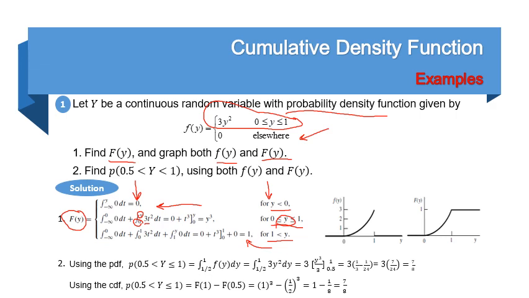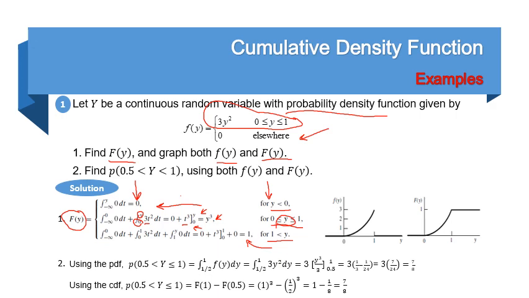It doesn't matter, you call it 3t squared or 3y squared. And the integration of 3t squared is t cubed. Then you substitute, replacing the t by y, and replacing the lower limit by 0, so you get y cubed as a final solution. So our curly bracket has a 0 in the first branch, a y cubed in the second branch, and 1 in the third branch. So we got the capital F, or the distribution function.